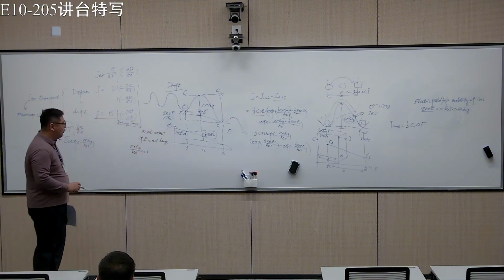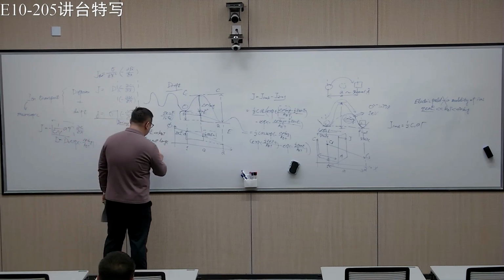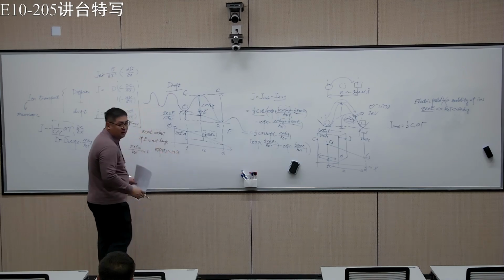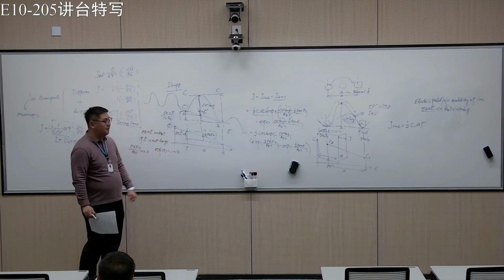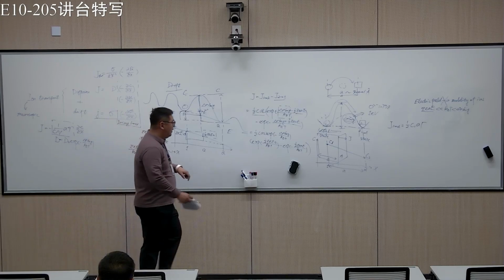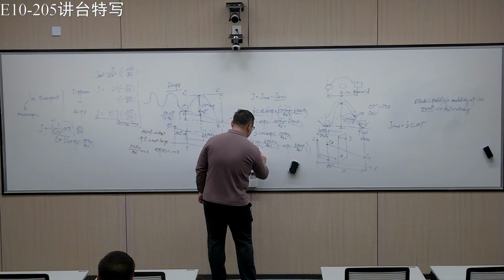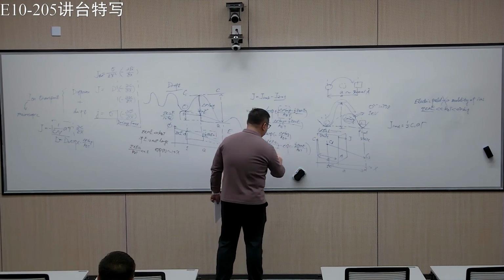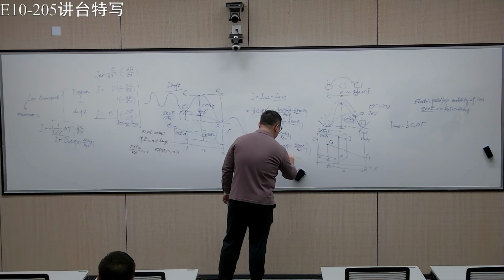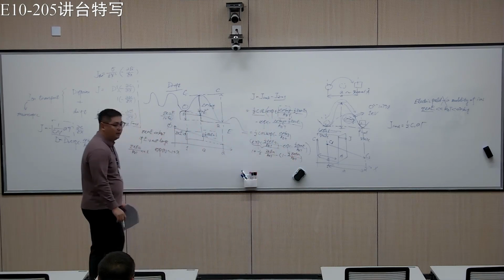When x is much smaller than 1, exponential x is basically 1 plus x, using Taylor expansion. So in this case, this part is 1 plus 1/2 the EA over kBT, and this part is 1 minus 1/2 the EA over kBT.